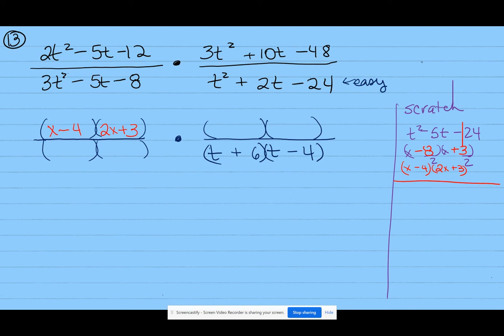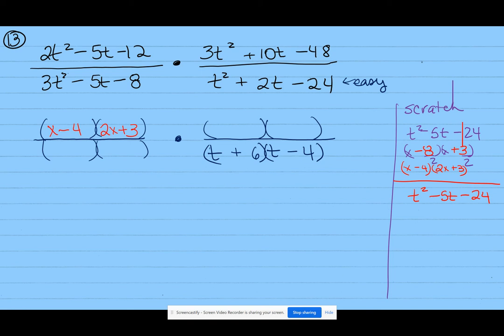All right, next we'll do the 3t squared minus 5t minus 8. I'm going to take 3 off of the t squared and multiply it by the 8 and get 24. Is this the same? It can't be exactly the same. Can it?